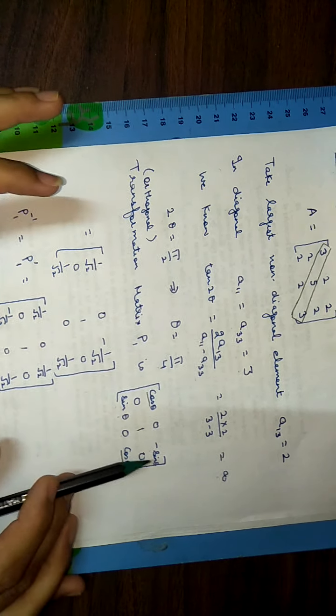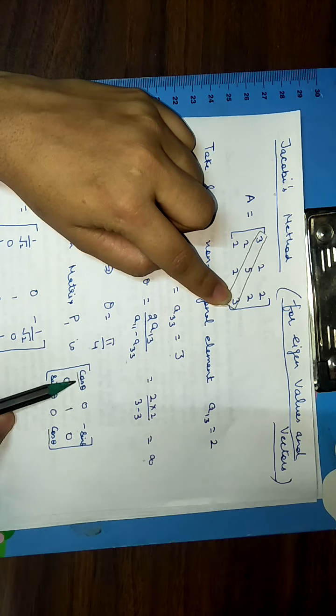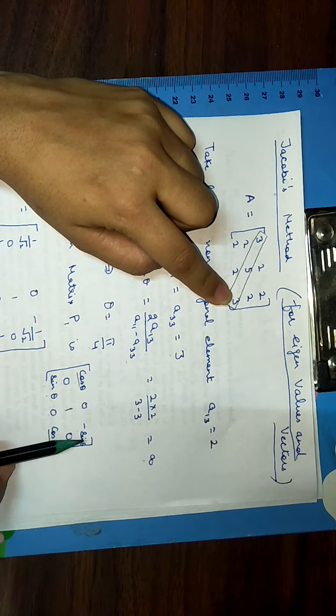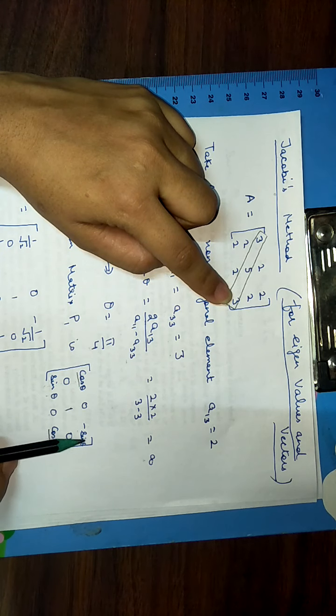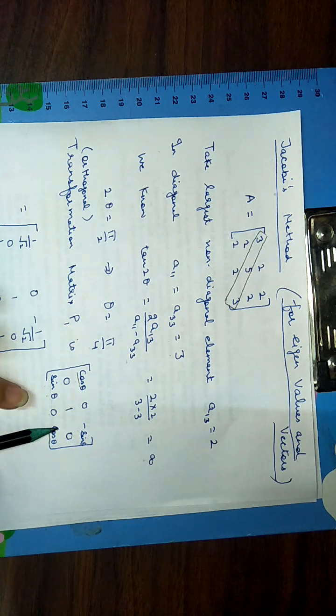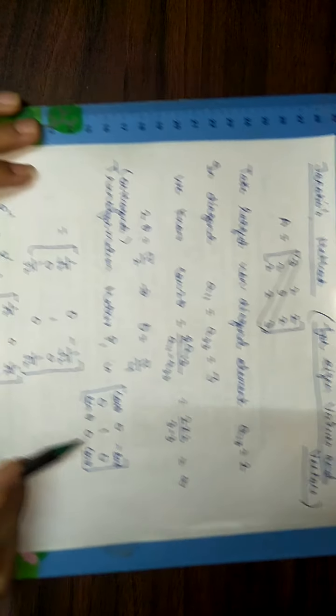So again in the diagonal elements we take cos theta, and in the non-diagonal elements we take sin theta. So in this form we get the orthogonal matrix.